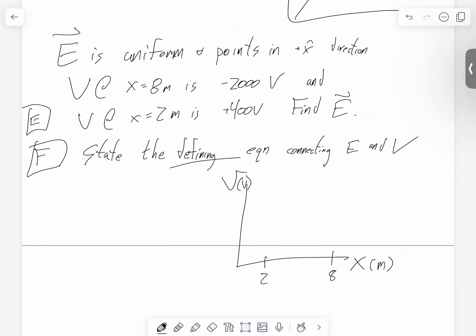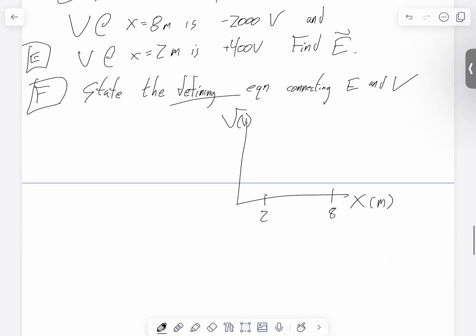Okay, so what is the slope of 8 comma negative 2000 connecting to 2 comma 400? 2 meters is 400, 8 meters is negative 2000. Well, that's the greatest connecting line I ever did see.